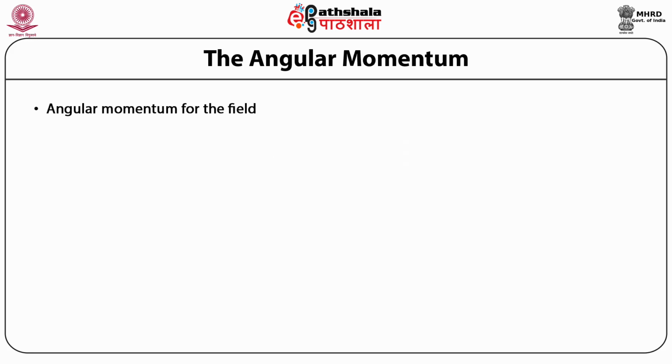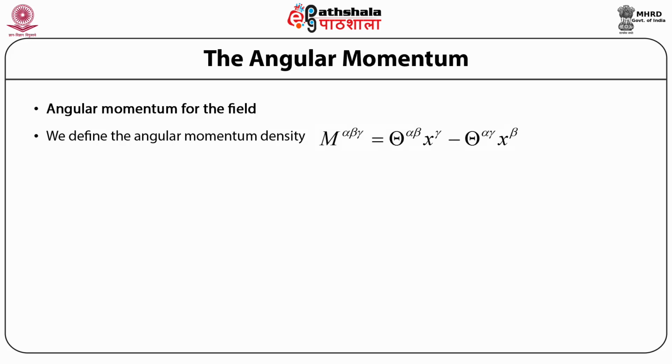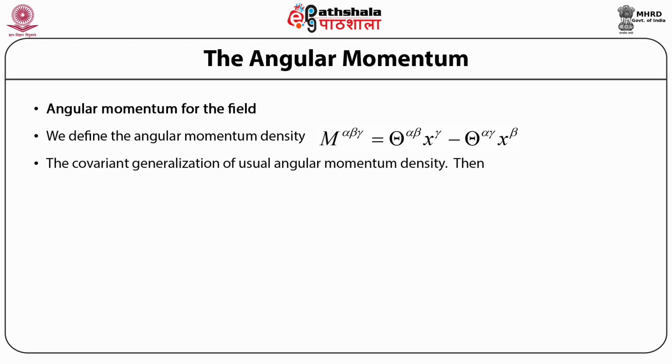Angular momentum for the field. We define the angular momentum density M alpha beta gamma equals phi alpha beta x gamma minus phi alpha gamma x beta, the covariant generalization of the usual angular momentum density. Then del alpha M alpha beta gamma equals 0.